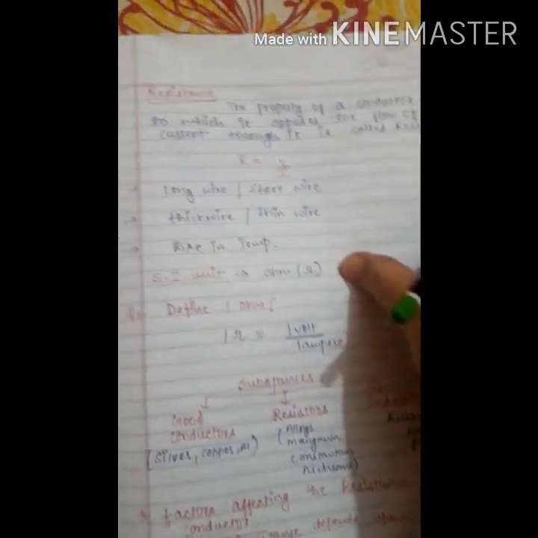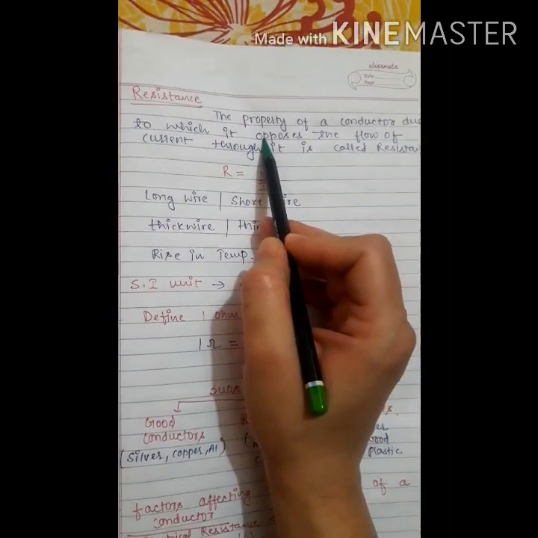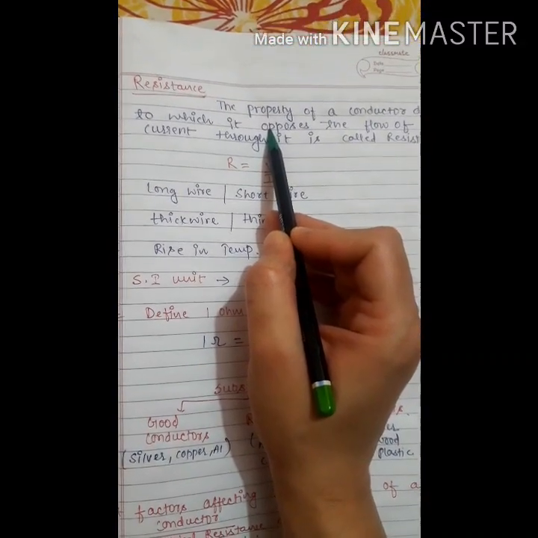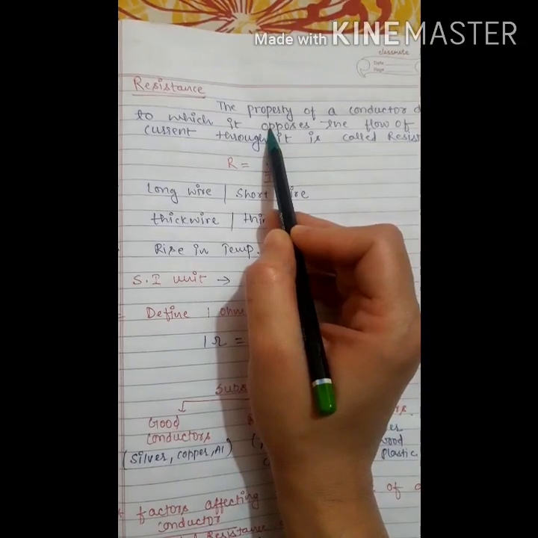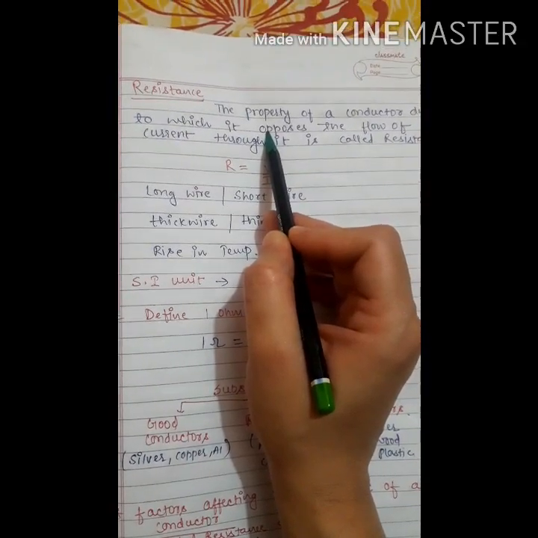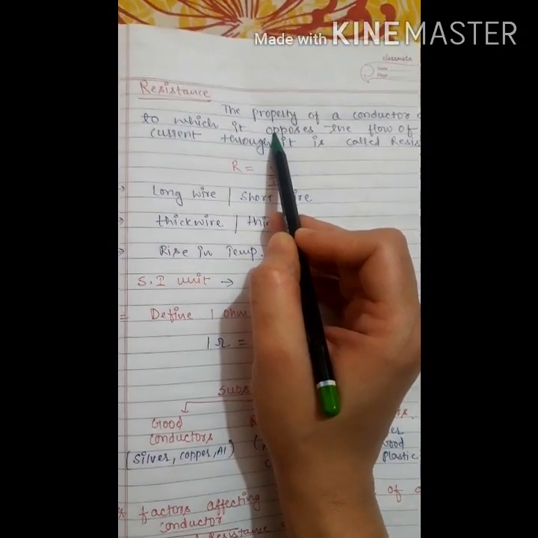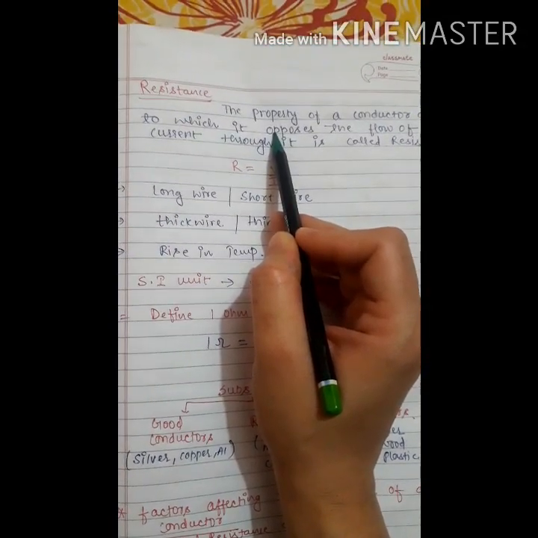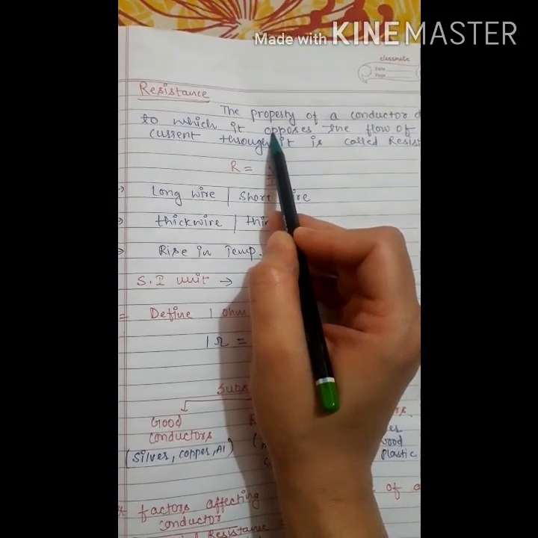Now, what do you mean by resistance? The electric current is a flow of electrons through a conductor. When the electron moves from one point to another point of the conductor, they collide with other electrons and with the atoms and ions present in the body of the conductor.